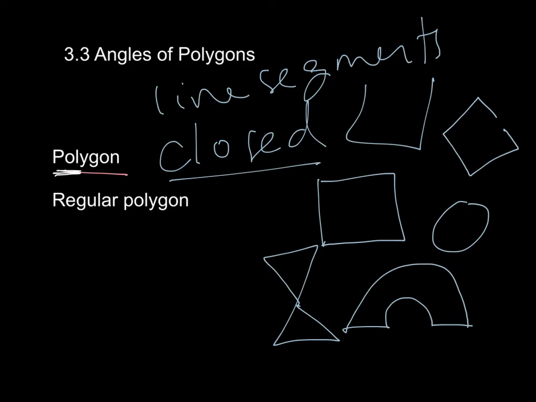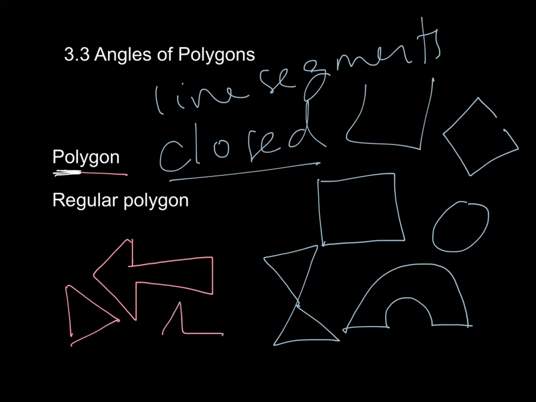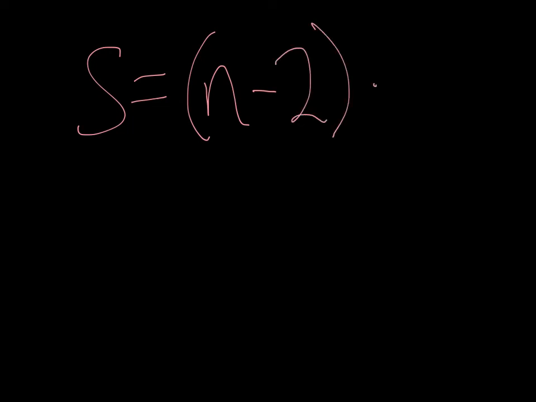Okay? So, things that are polygons, triangles, right? Composite figures that only intersect at their endpoints again. And it can have any number of sides. So, a key idea here, the sum of the interior angle measures of a polygon with n sides is n minus 2 times 180 degrees, okay?